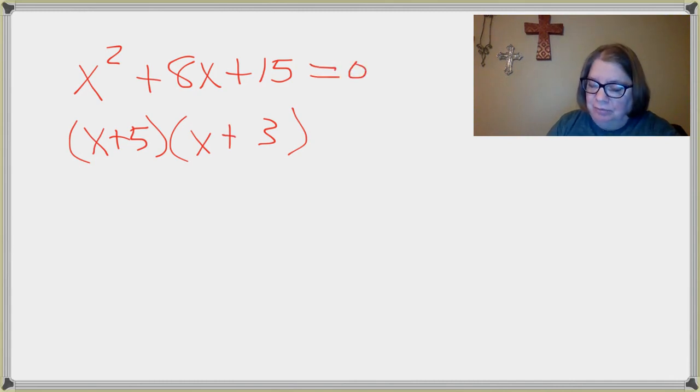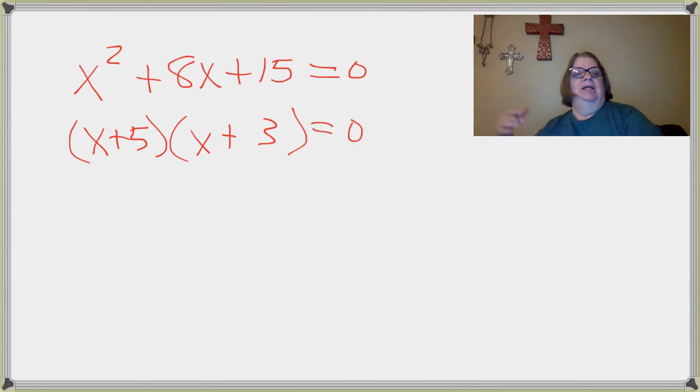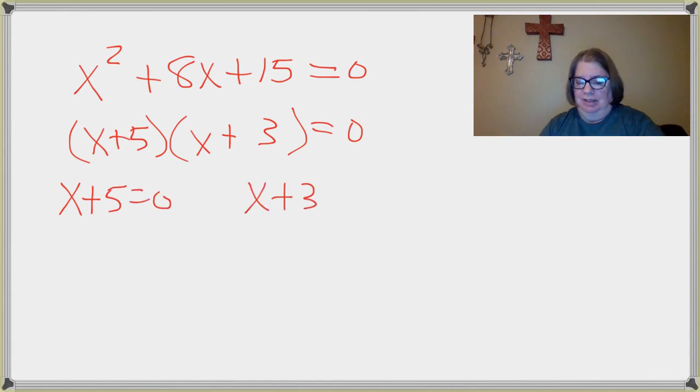Now we're adding this equals 0, so we're going to keep going. We're adding another step. If x plus 5 times x plus 3 is 0, then one of those two factors has to be equal to 0. So we're going to take the x plus 5 and make it equal to 0, take the x plus 3 and make it equal to 0, and then we're going to solve this side by subtracting 5, and solve this side by subtracting 3.